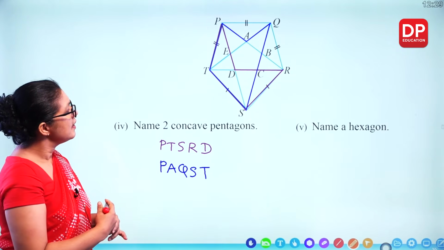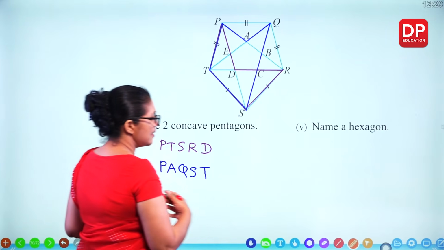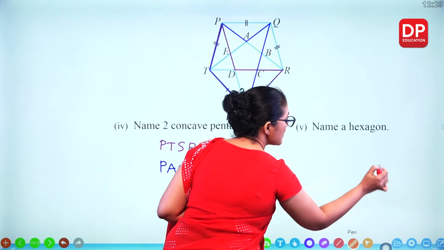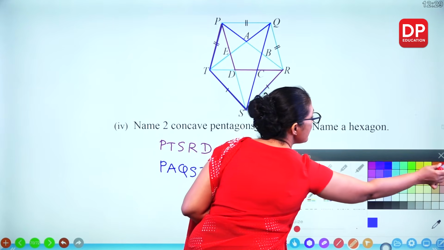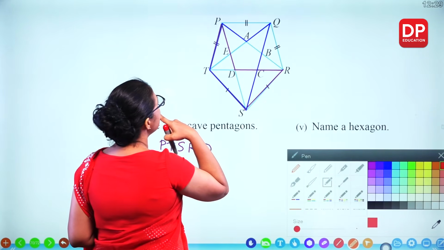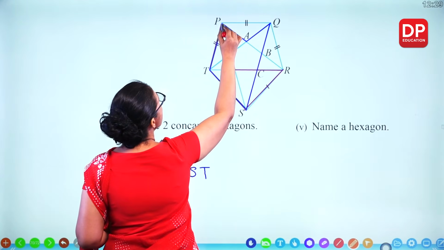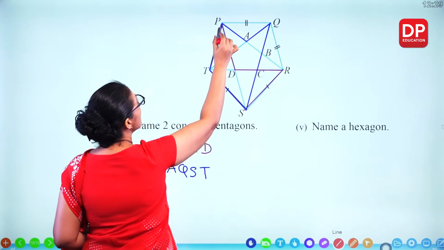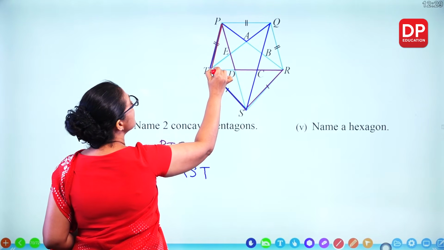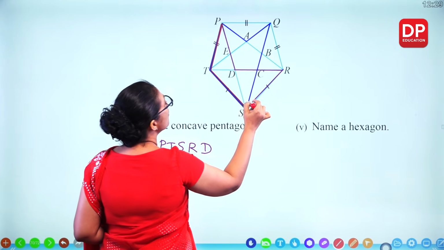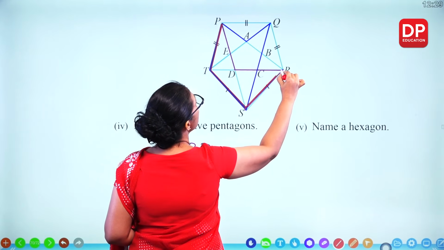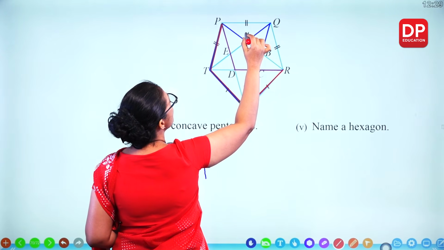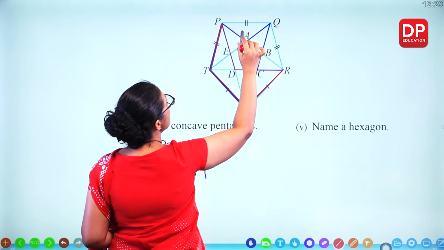Now name a hexagon. That means any hexagon, 6-sided figure. I'll take red color. 6-sided one. 1, 2, 3.